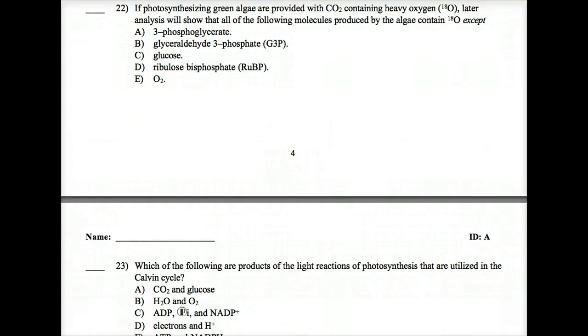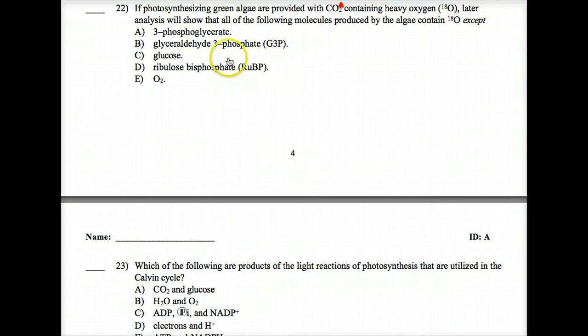Number 22, if photosynthesizing green algae are provided with carbon dioxide containing radioactive oxygen, then later analysis will show that all of the following molecules produced by the algae contain the radioactive oxygen except which of the following. 3-phosphoglycerate, no idea what that is.